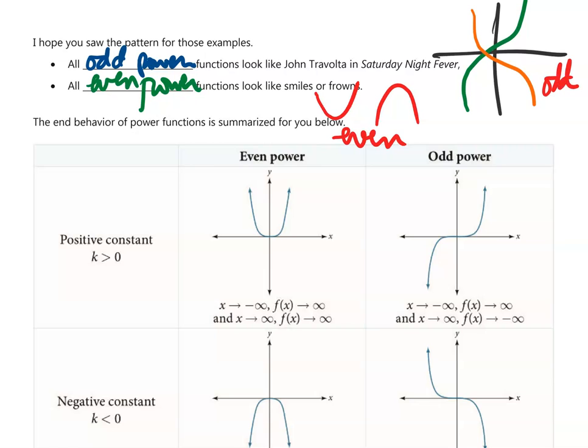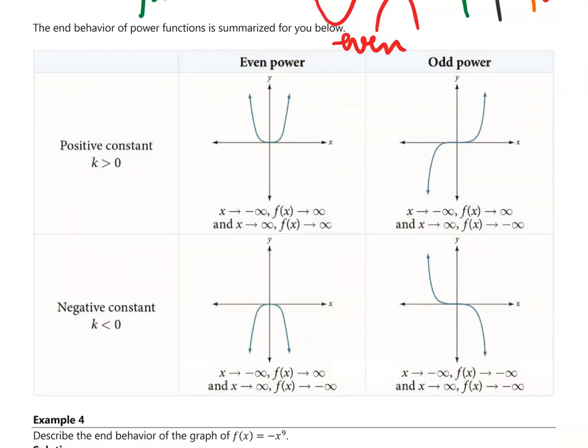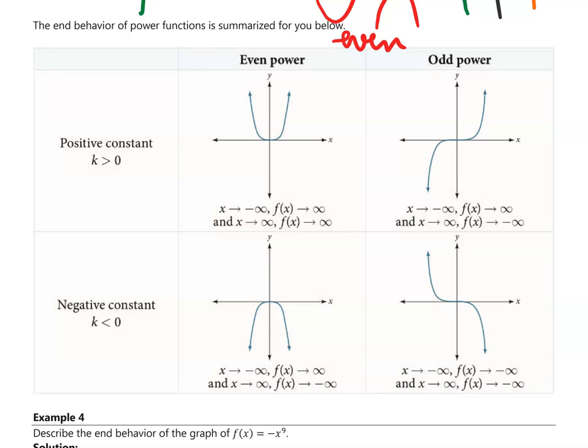So let's take a look at the end behavior of some of our examples here. So positive constant, when k is greater than 0. Even power, again, like what we discussed earlier, as x approaches negative infinity, f of x approaches positive infinity.